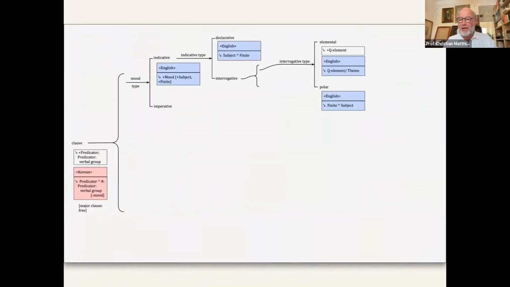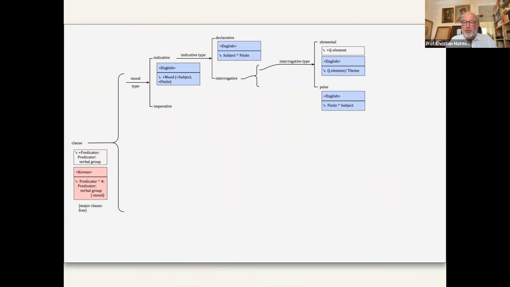Let me return to the area of the interpersonal grammar, now with English and Korean and a dash of Mandarin Chinese. Again, the principle is the same. If they're not conditioned, that means that they apply to all the languages involved in the multilingual system network. In pale blue, you have English partitions, so they apply only to English.